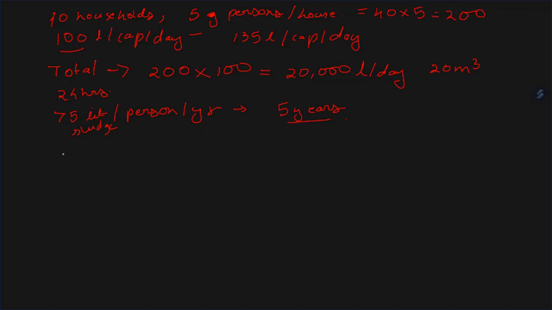So the total sludge which will be generated will be 75 into the total number of persons, that is 200, and the number of years, that is 5 here, which will be 75,000 liters, or you can say 75 meter cube.